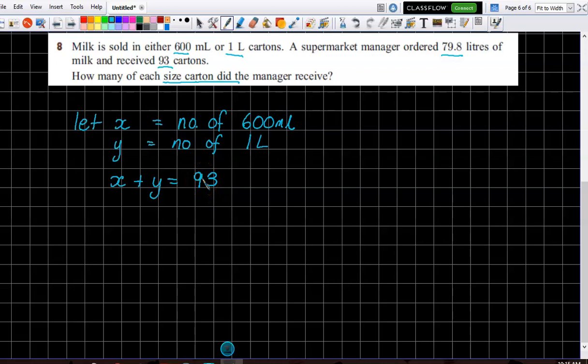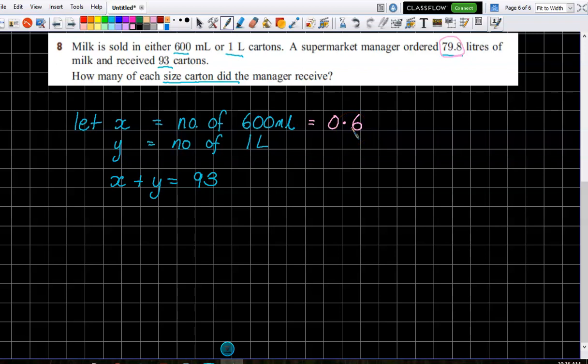Yes? And then he's got the number of, we'll go colour coding here, he's got the number of litres. So if X is the number of 600 mils, how many mils is in a litre? Mils in a litre, that's right. So 600 mils is 0.6. Yep, 1,000 mils in it.